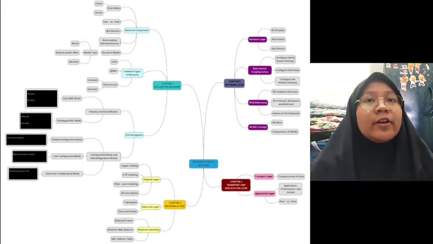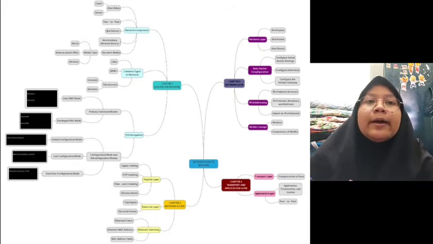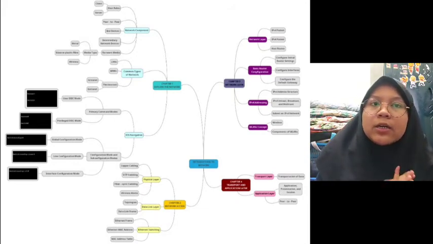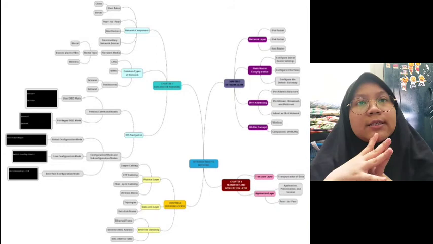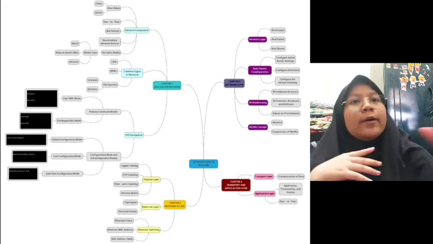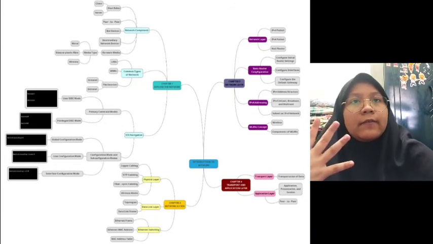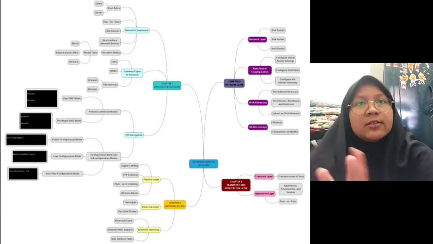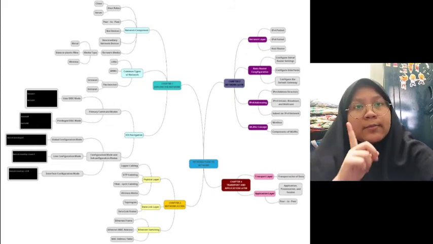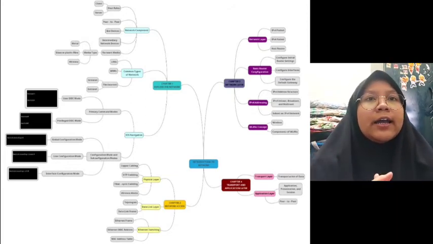So right now we are moving on to Chapter 3, the network layer, and the subchapter on IPv4 addressing. IPv4 addressing covers the IPv4 address structure, IPv4 unicast, broadcast and multicast, and subnets and IPv4 networks. Let's move on to the IPv4 address structure.